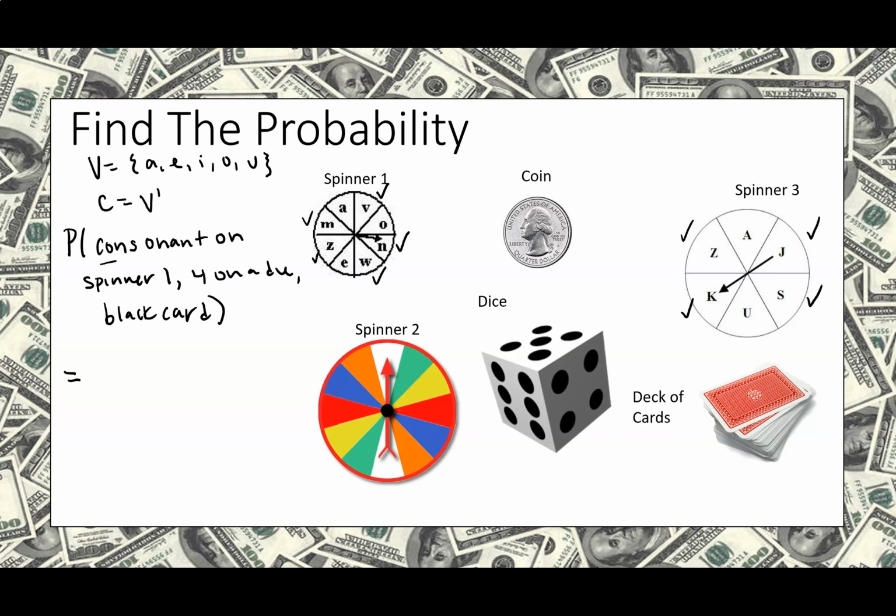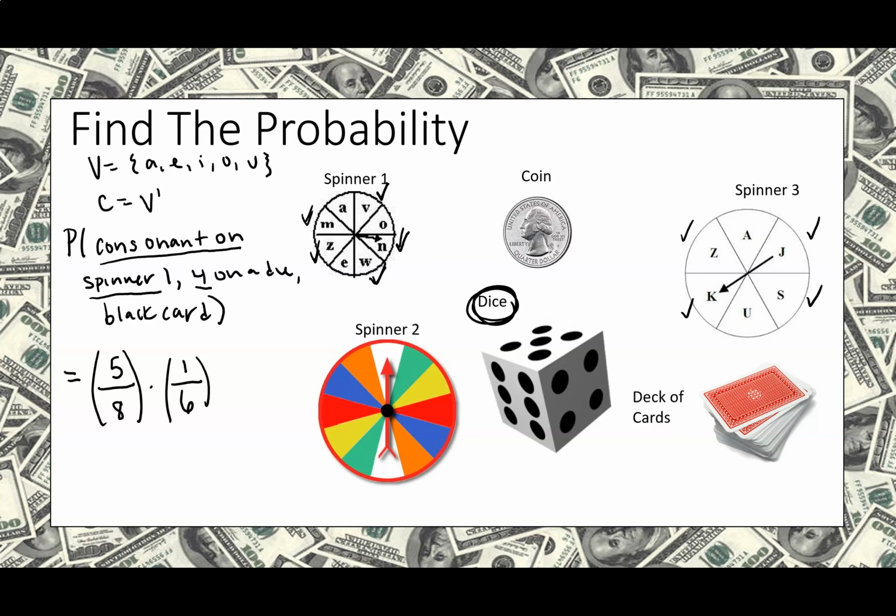So first of all, what's the probability of getting a consonant on spinner 1? Well, that's 5 consonants. You can see my check marks are 1, 2, 3, 4, and 5. Out of how many letters on spinner 1? That's 8. Okay, now how about spinning a 4, not spinning, but rolling a 4 on a die? That's going to be 1 out of 6.